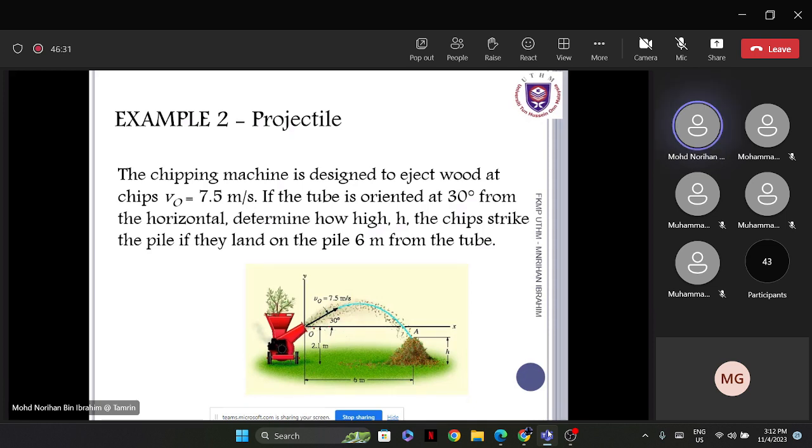The distance from the ground up to the nose of this chipping machine is equal to 2.1 meters, the initial velocity is 7.5 meters per second, and the direction or the angle is equal to 30 degrees. Then we can find out the component of velocity in the initial position.